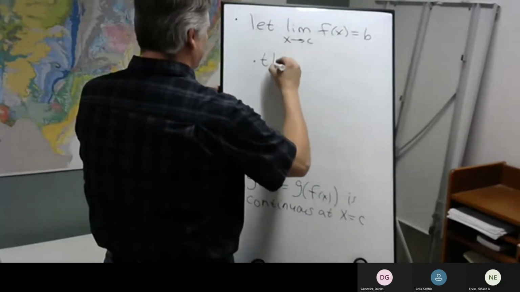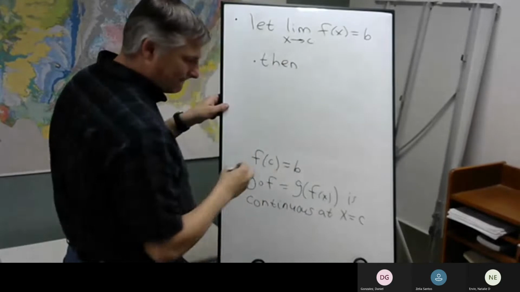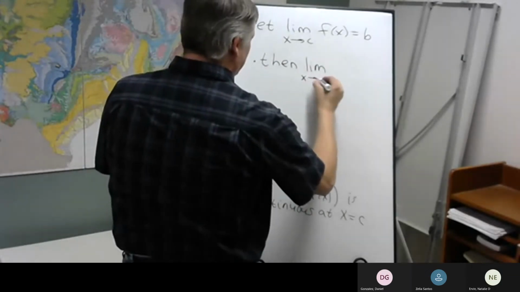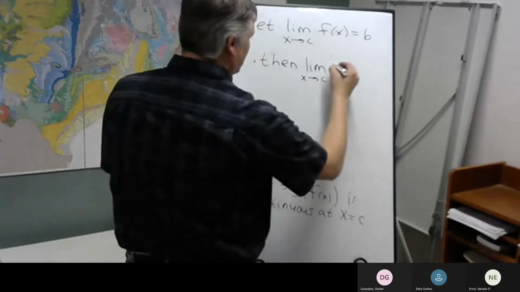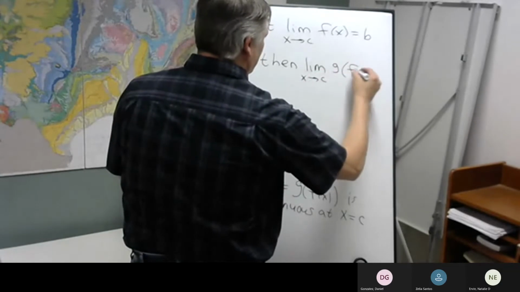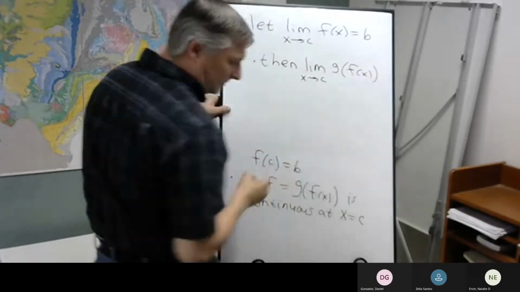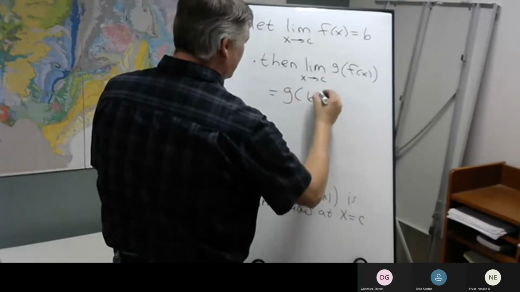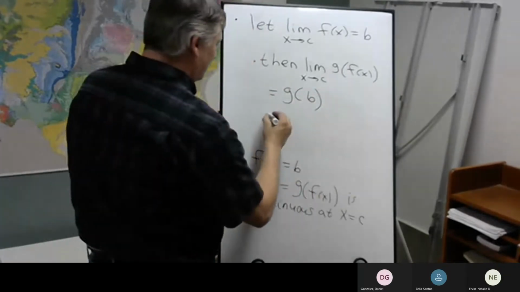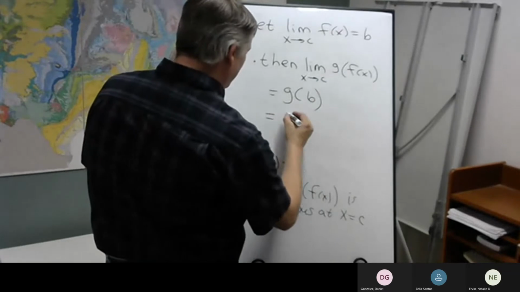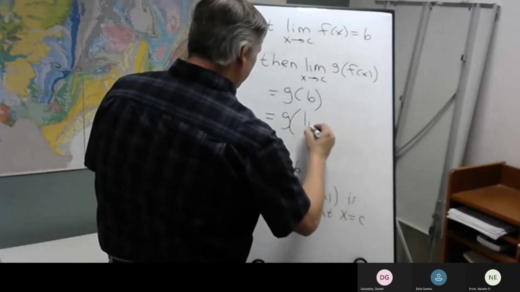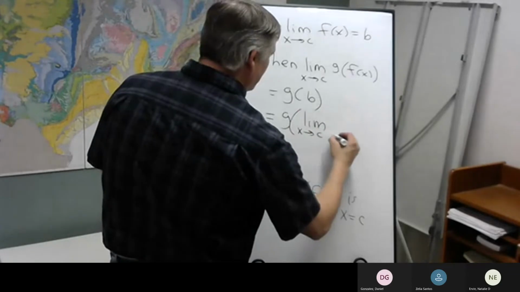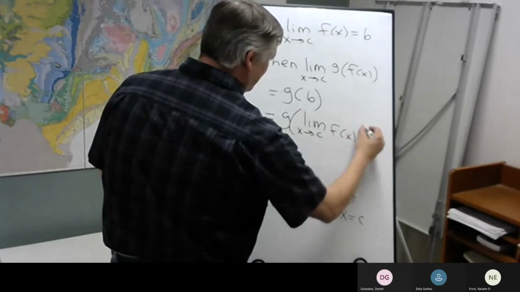Then the limit as x goes to c of g of f of x equals g of b, which is going to be g of the limit as x goes to c of f of x.